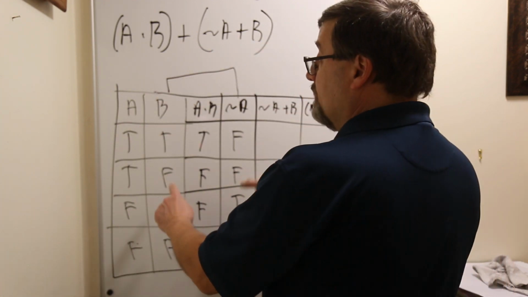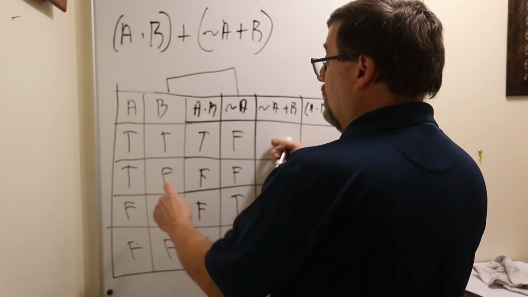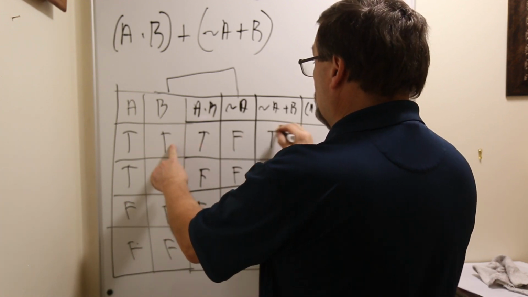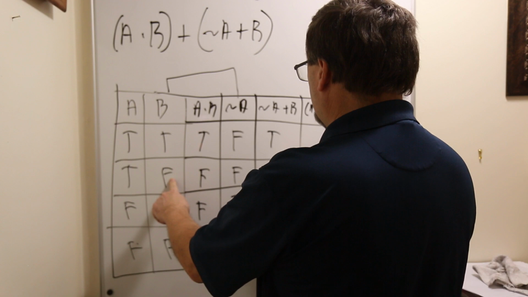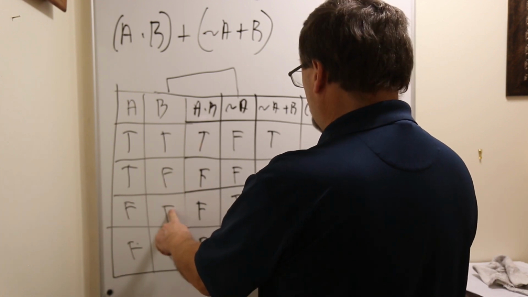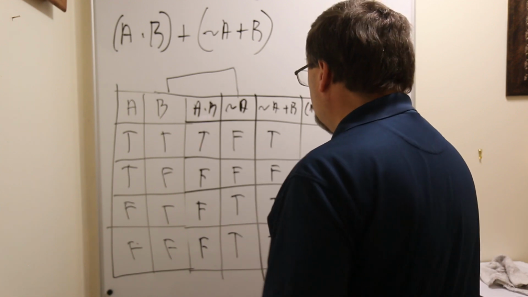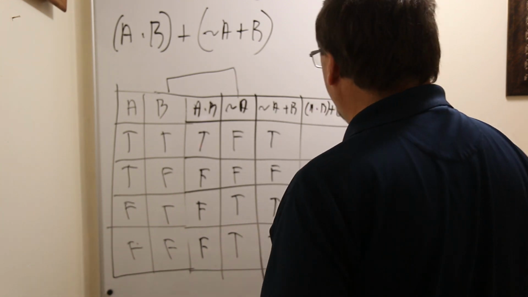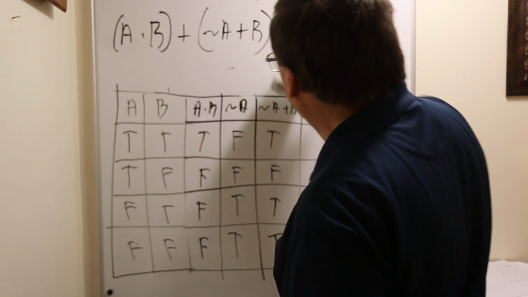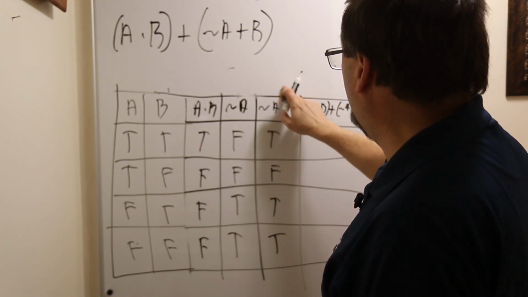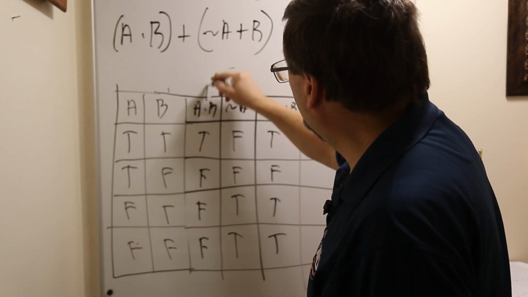So we're doing the or, so if either one is true, this is true. So false or true is true, false or false is false, true or true is true, true or false is true. All right, and finally, we're doing this one or this one.